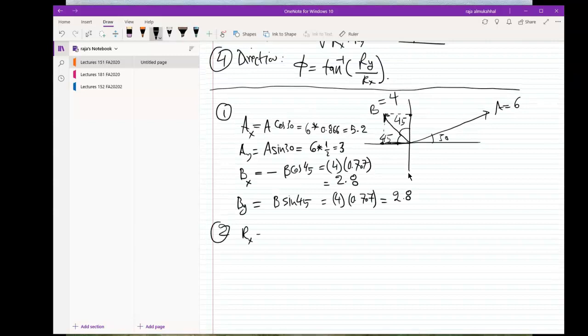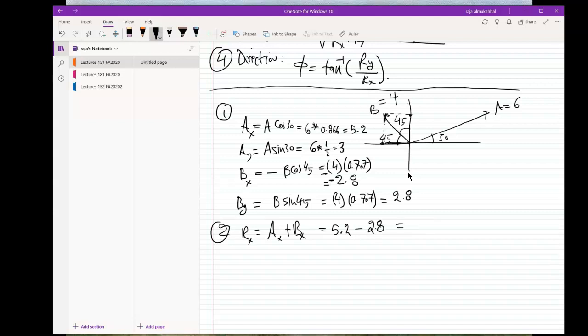So r sub x is nothing but a sub x plus b sub x. The answer would be 5.2 plus b sub x. Oops, I forgot to put the minus sign here, right? So I'm going to put a minus sign there, a minus sign there. I bet you're screaming at me. There we go. So that's going to be minus 2.8.